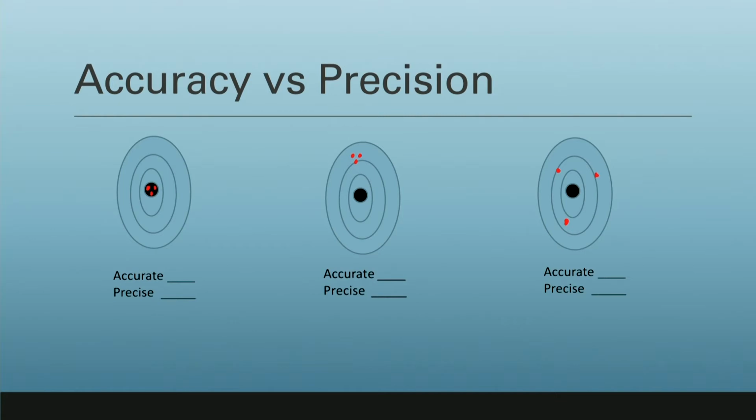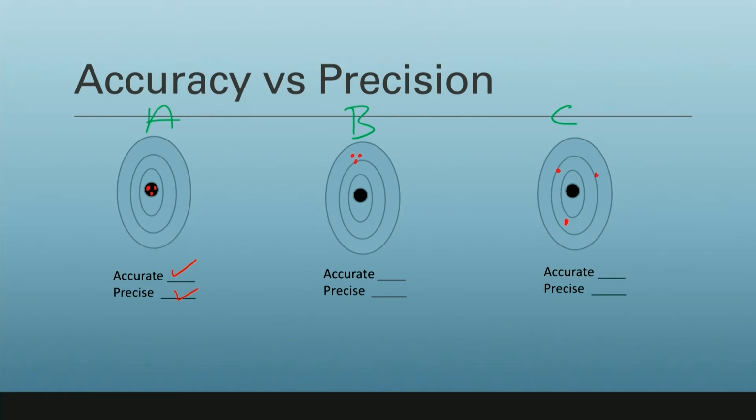So I'm going to call this A, I'm going to call this B, and I'm going to call this C. On the dartboard A, we see that there are 3 darts dead center in the bullseye, and they're all close to each other. This would be an example of something being accurate and also being precise. Accurate in that you hit the bullseye, precise in that they're very close to each other.